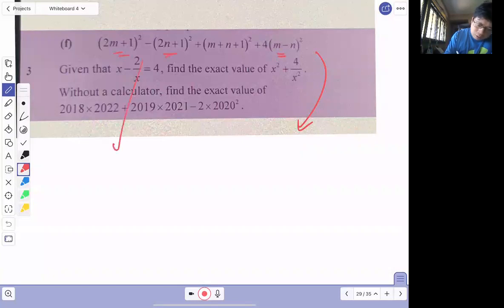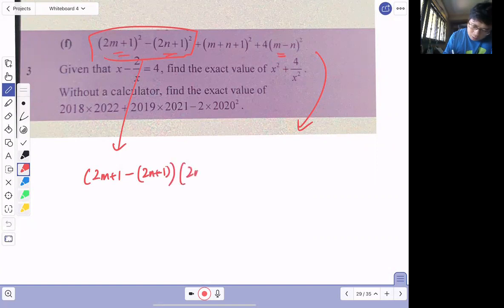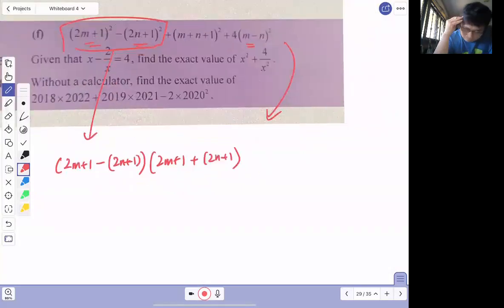If I look at the first two, this is a minus b, a plus b. If I look at the second one, 2n minus n.